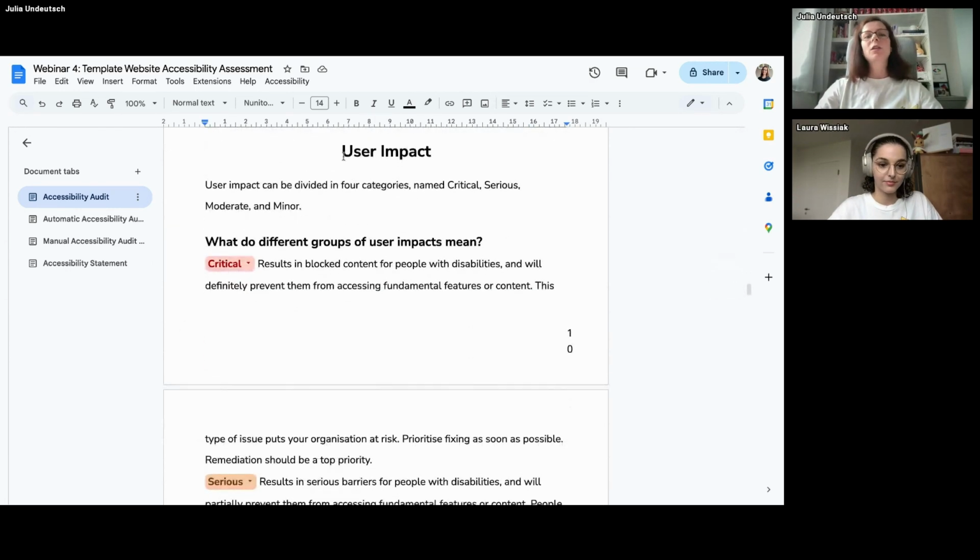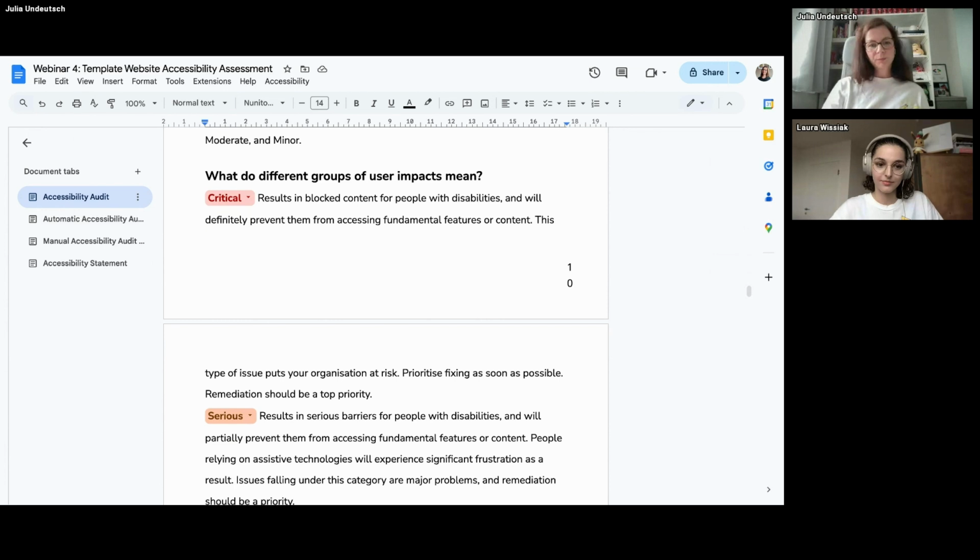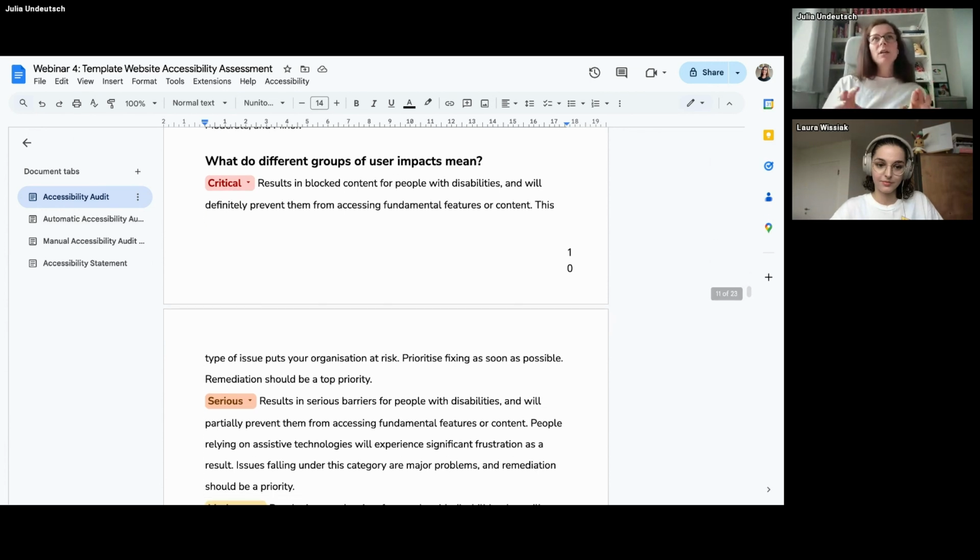Then I also explained the user impact we are going to talk about when I'm structuring the errors I found. And this is also good for you to understand that not every issue you're finding has the same value.